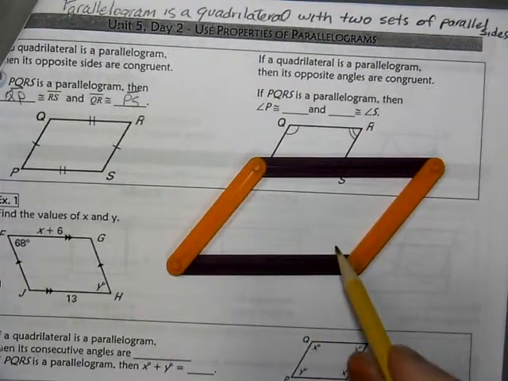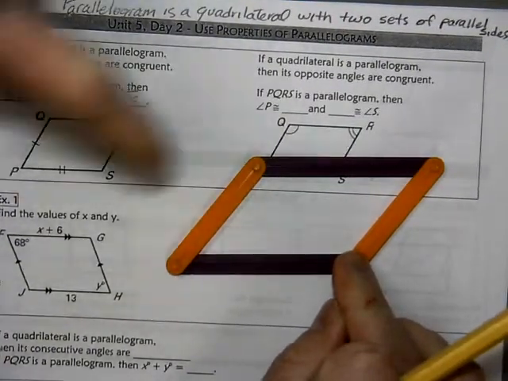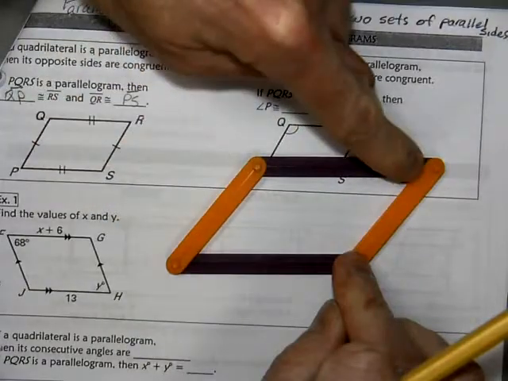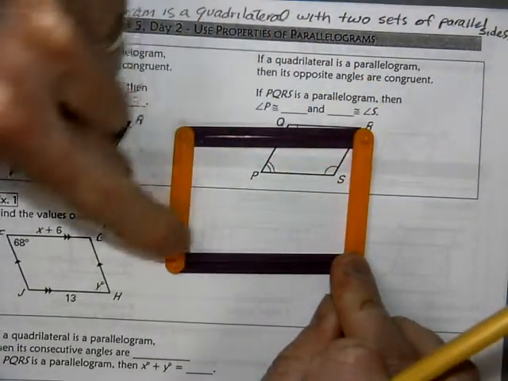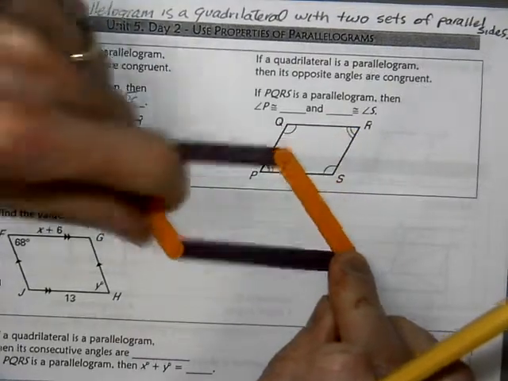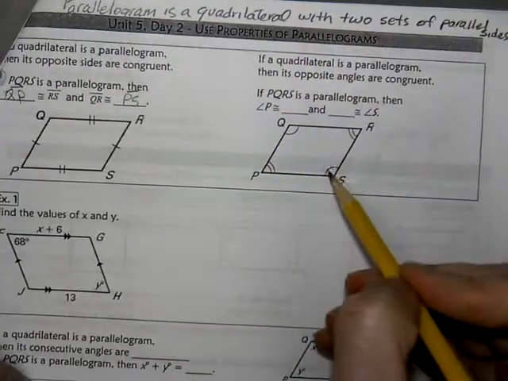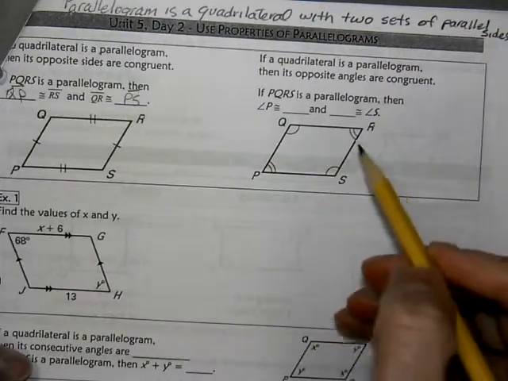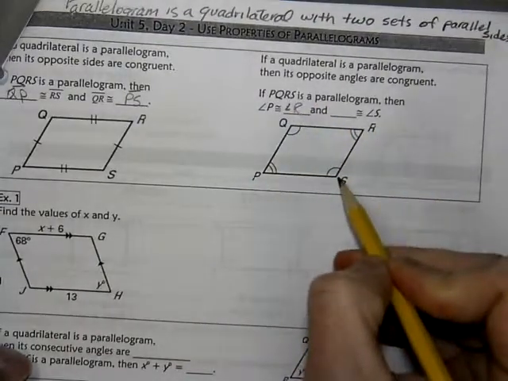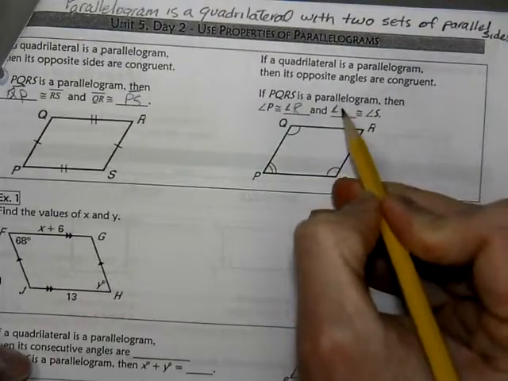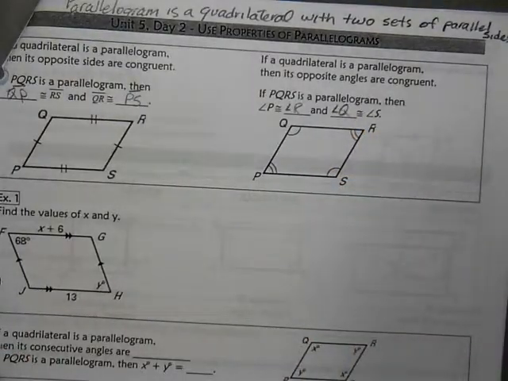So they stay the same all the time. If they're acute on opposite sides and they start to adjust, they adjust at the same amount. So we're going to recognize that opposite angles are always congruent. P is congruent to R, and Q is congruent to angle S.